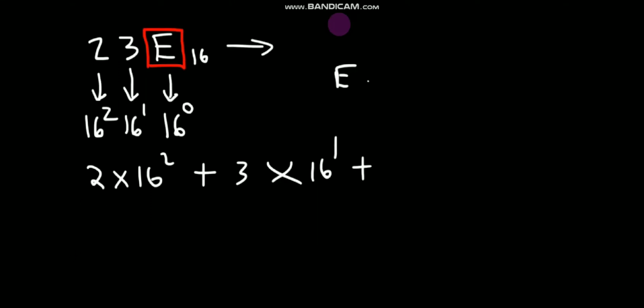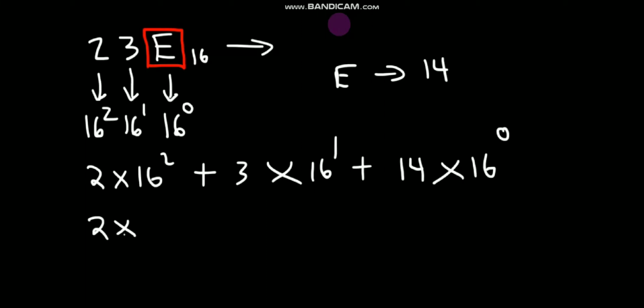So we will not write E, we will write the value of E. We know that E is 14, so 14 into 16 to the power 0 we will write. Now we will multiply 16 two times: 2 into 256, plus 3 into 16, and 14 into 1, since 16 to the power 0 is 1.